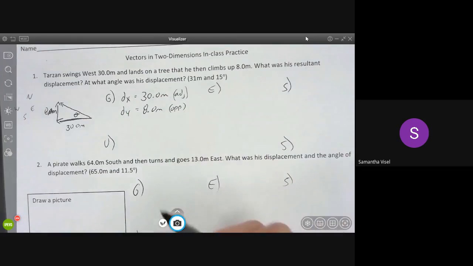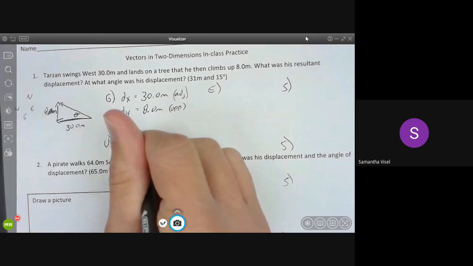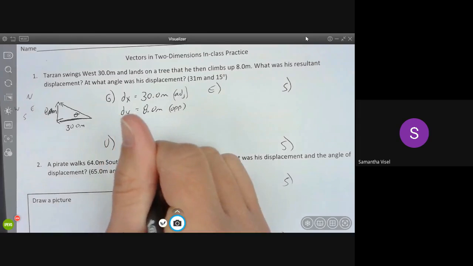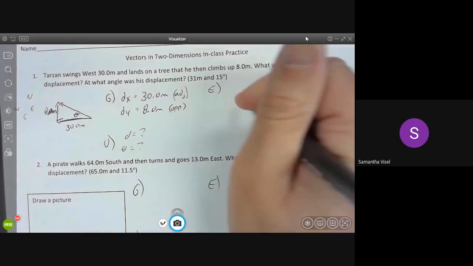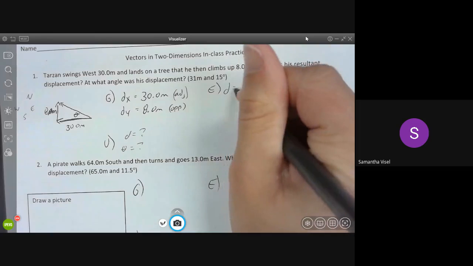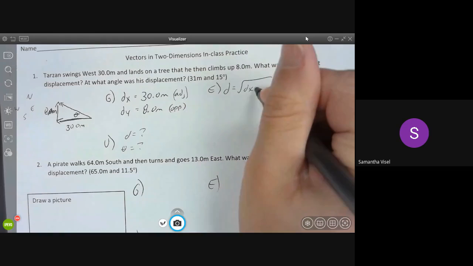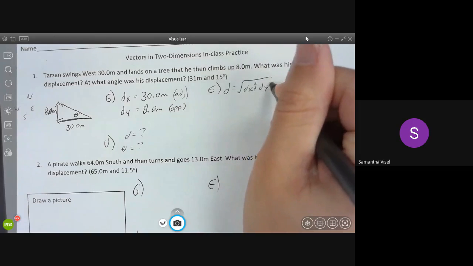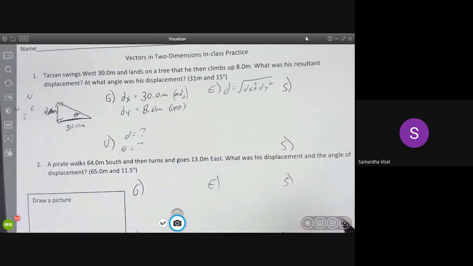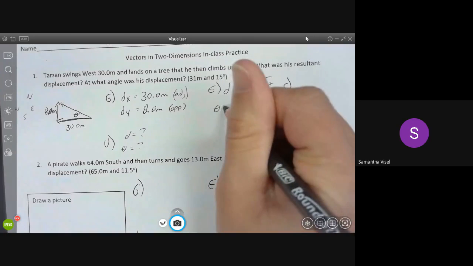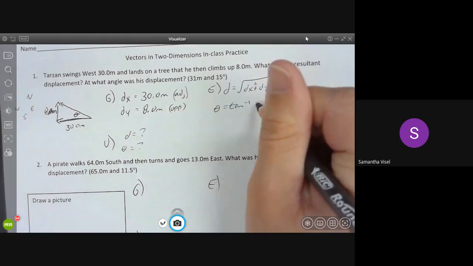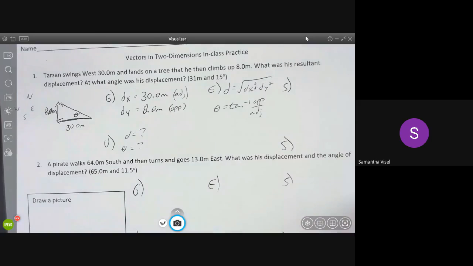I'm trying to find resultant displacement and angle of displacement again, so that's my two unknowns. And so that equation, the same one that we did before: the square root of dx squared plus dy squared, and the inverse tan of the opposite over adjacent leg of my triangle.